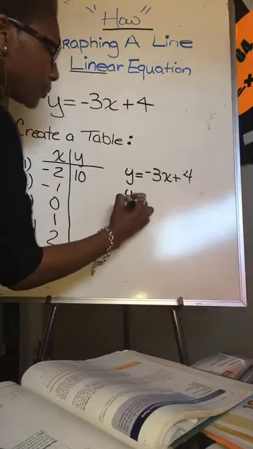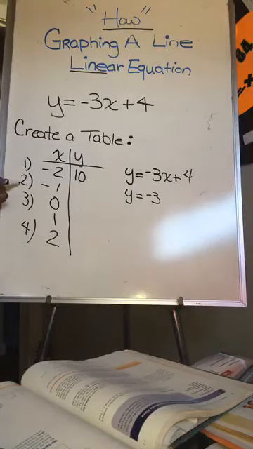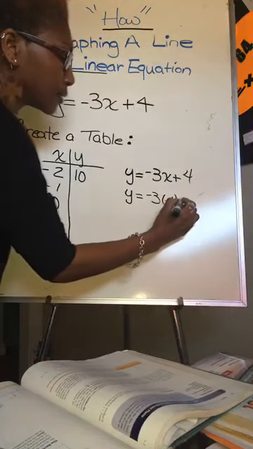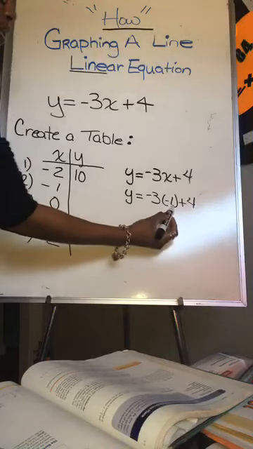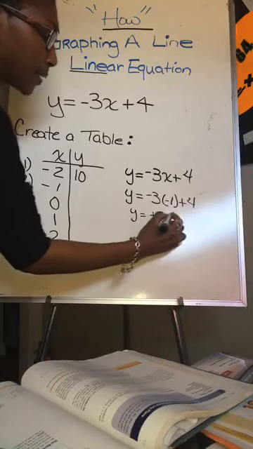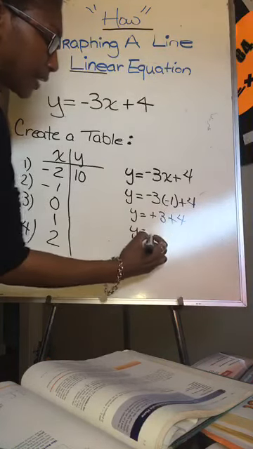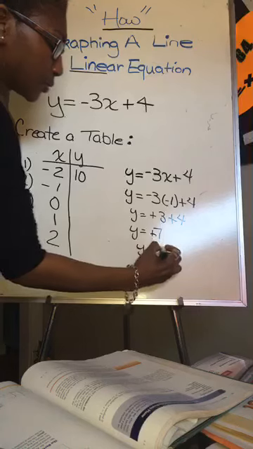So now we're going to put y equals -3x plus 4. Now we're going to go to our second point, and plug in -1. A -3 times a -1 gives me a +3, plus 4. We do our arithmetic, and that is a +7, which is just equal to 7.